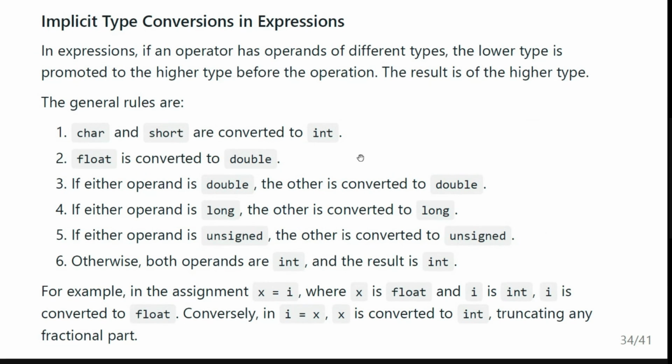If you have one side of the operator using double, you will always change the other to the more precise type. And if one operand is long and the other is integer, you will convert to long. And if one is signed and the other unsigned, you will convert to unsigned. That's basically the idea.